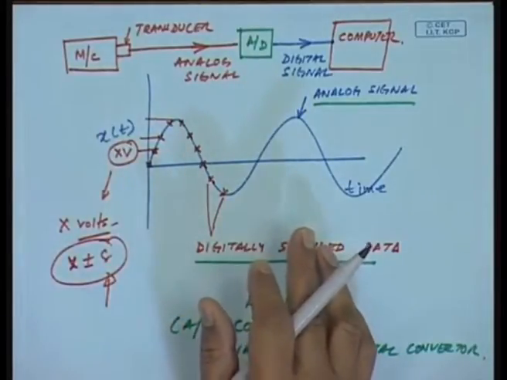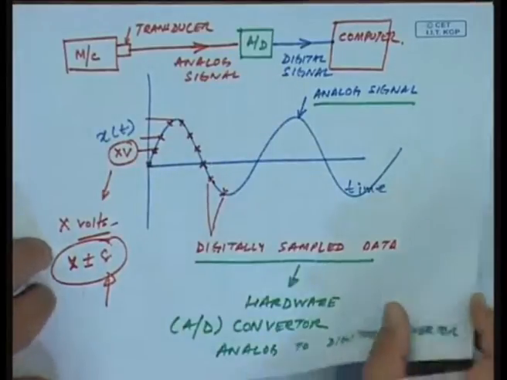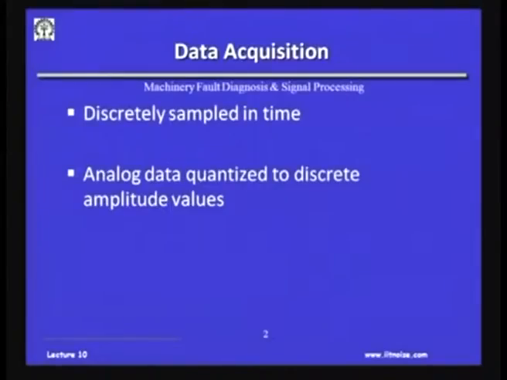So, two things you will keep in mind while doing this data acquisition, and these are the two most important features of a data acquisition system. One is that the data is discretely sampled in time, and another is that the analog data is quantized to discrete amplitude values.